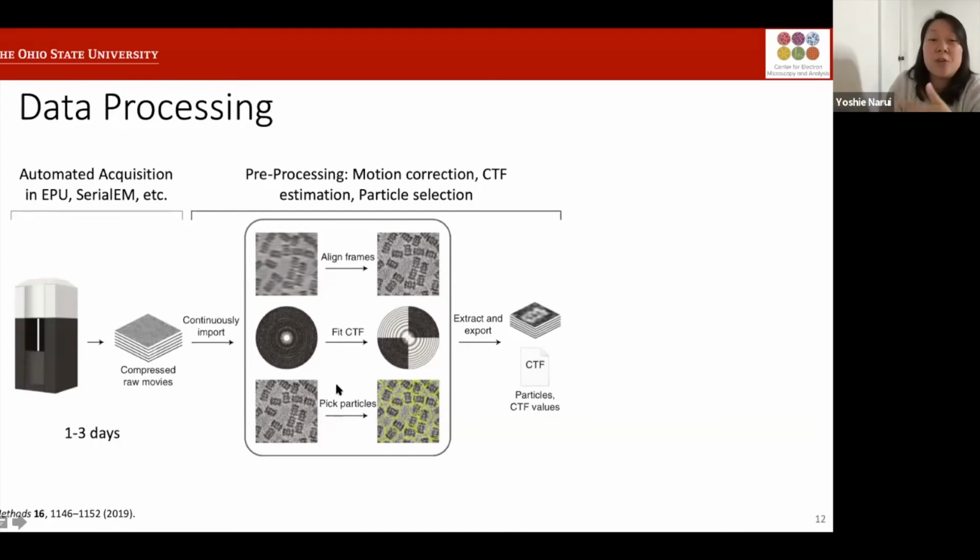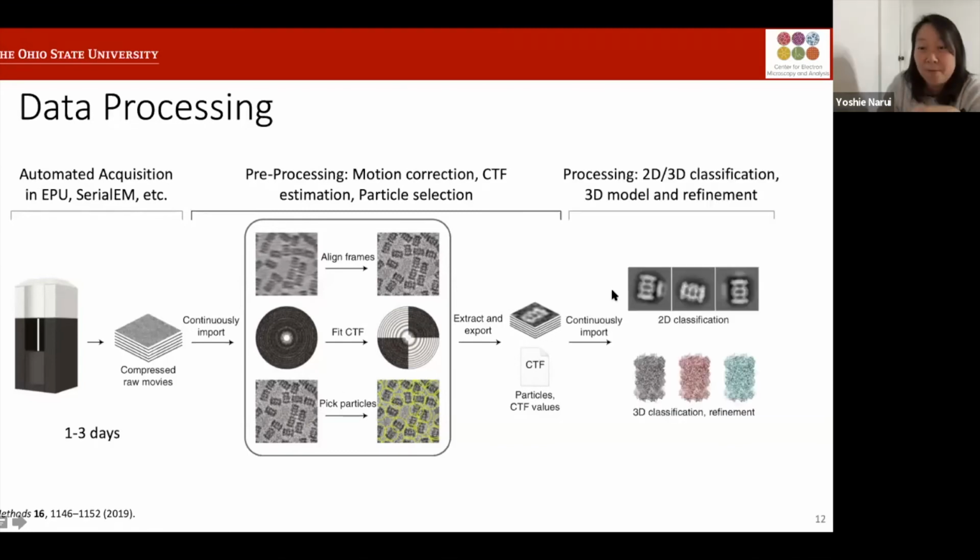After you do the CTF fit, you can go back to your images and manually pick particles. Each of these yellow circles here represents a single particle, right? They don't have different views here, but sometimes they're in different orientations. So you're going to pick some manually. Generally speaking, you train the particle picking algorithm, and then it will go through automatically and pick the particles for you. Okay, so then it picks all of these particles and extracts them out of your images.